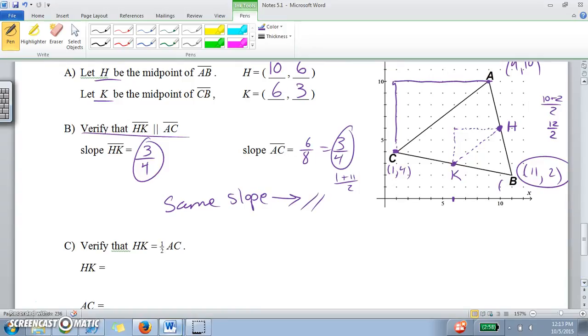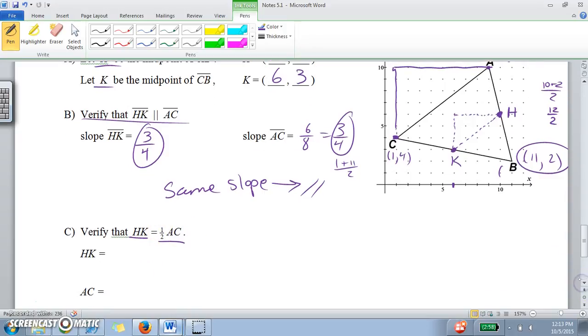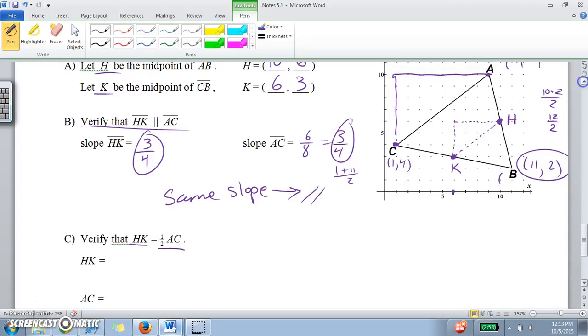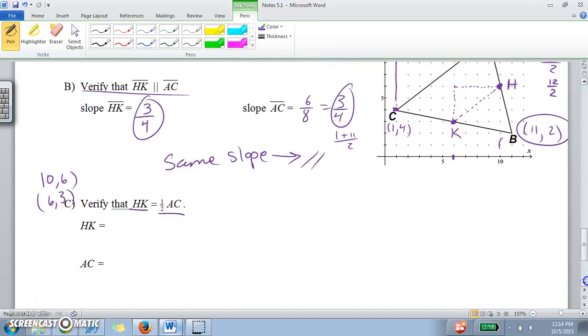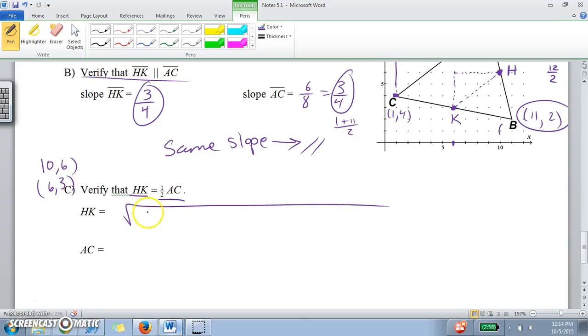Now we have to verify that HK, the distance from H to K, or the length of HK, is equal to half the length of AC. So we need to use the distance formula to find both of those. So H and K, the coordinates for H and K are 10, 6, and 6, 3 from up here. So we're going to plug those into the distance formula.